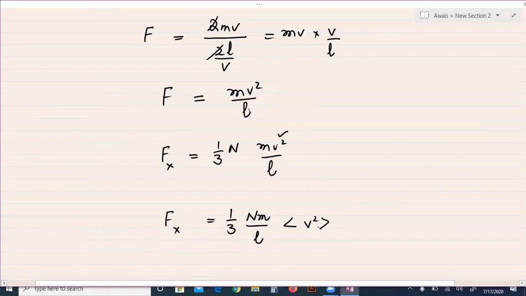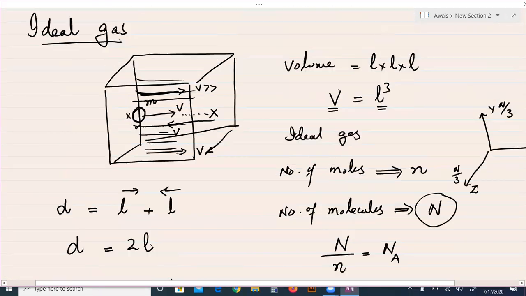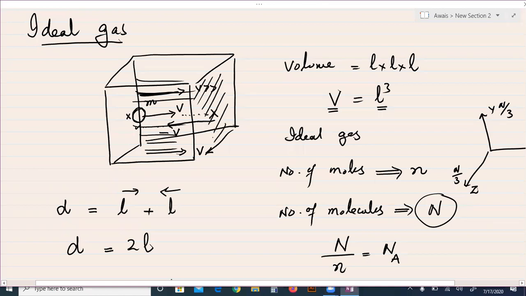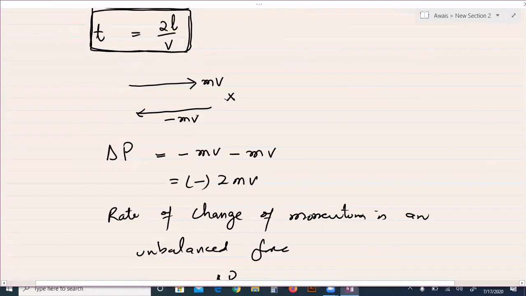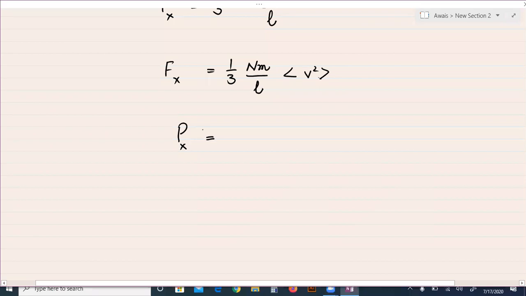Now, this is the force which is exerted at one wall horizontally, meaning the collision at this wall. If the area of this wall, length into width, is calculated, and then force is divided by area, we can calculate the pressure. So the pressure exerted along the x-axis at this wall is force along the x-axis divided by area.